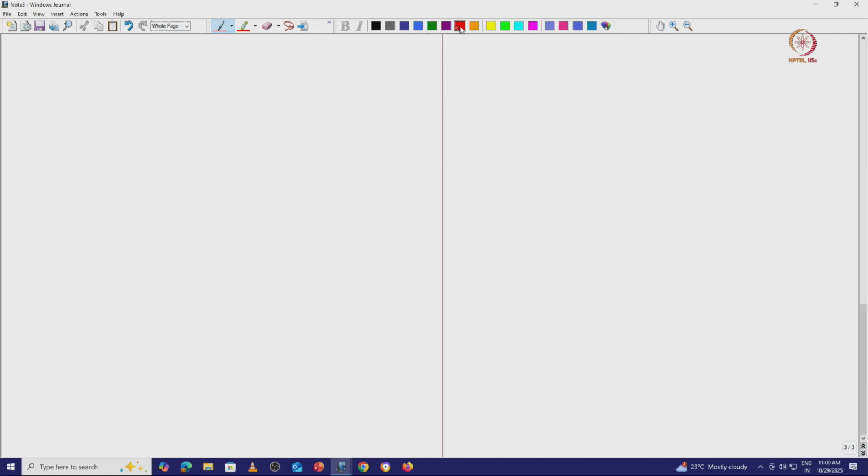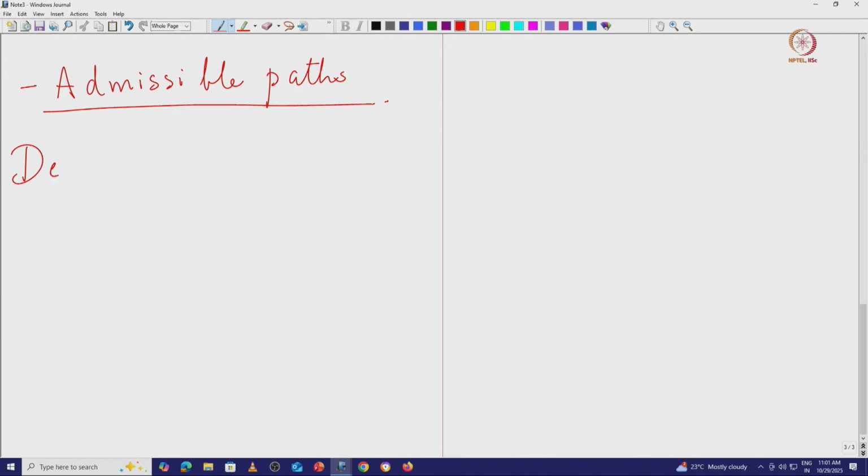Okay, so the first thing I want to define are what are called admissible paths. These are essentially piecewise smooth paths that we have already defined in the course of our proof of the local Gauss-Bonnet. Let me quickly go over the definitions again.